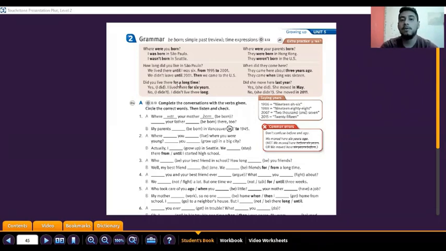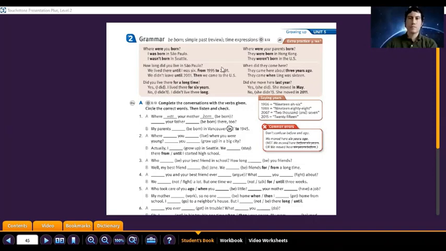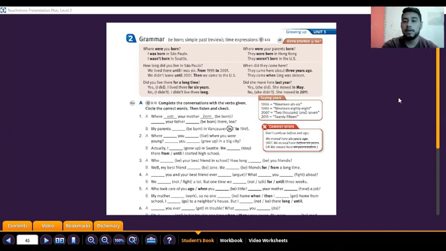Okay, so here we have the second question. How long did you live in Sao Paulo? Here we have, we lived there until I was 6. Until means hasta que tenía 6 años. We didn't live there until 2001.